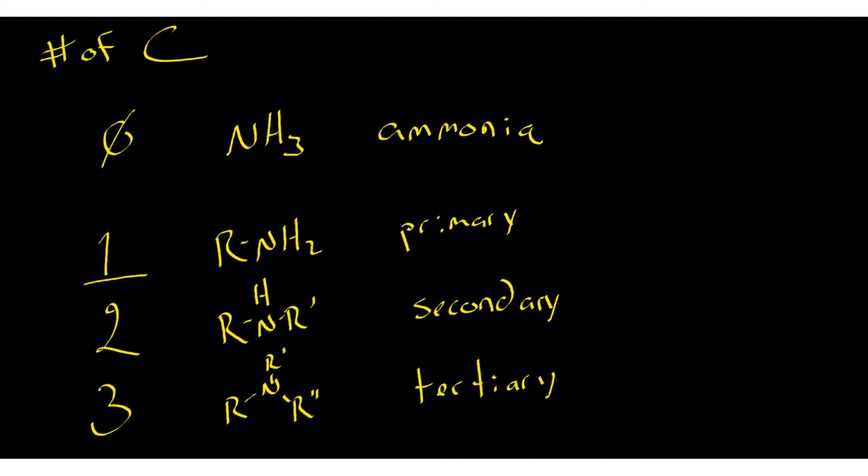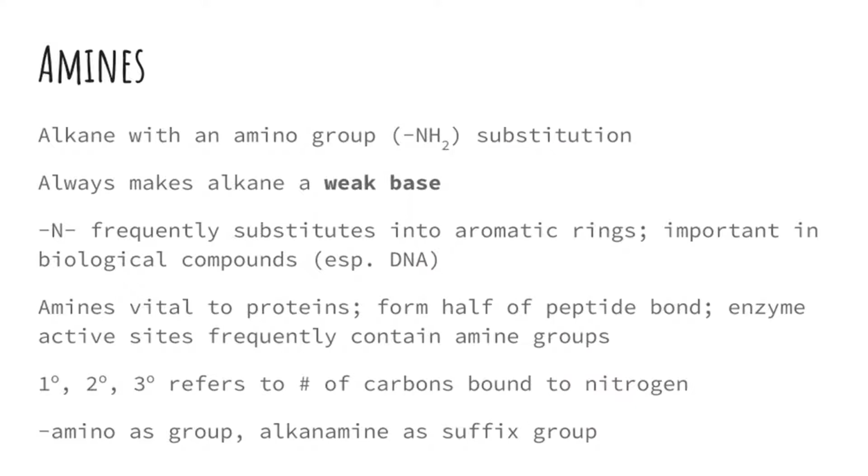If there are 2 carbons, then it's a secondary amino group, and if there are 3, then it's a tertiary amino group. When it has priority, as the suffix group, it's an alkanamine. When it lacks priority, it's just an amino group. So you might have something like aminoethanol. And let's move on.